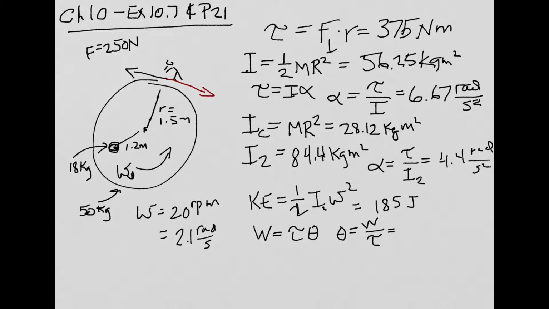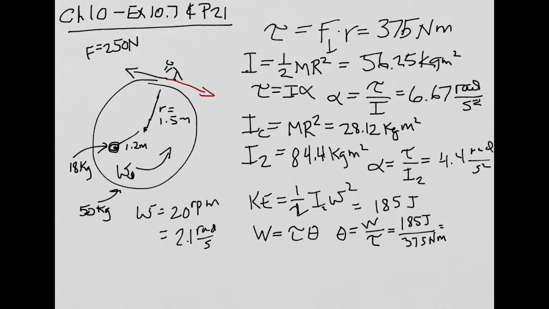Now we know the work. If I have a total energy in this system of 185 joules, and I want it to come to rest so that the kinetic energy is 0, that happens because the father puts this force on and creates work in the opposite direction. So the work equals 185 joules. Then I also know the torque, which is 375 newton meters.